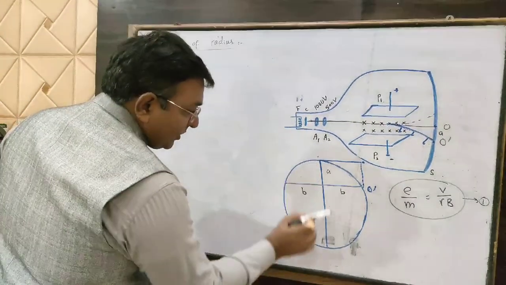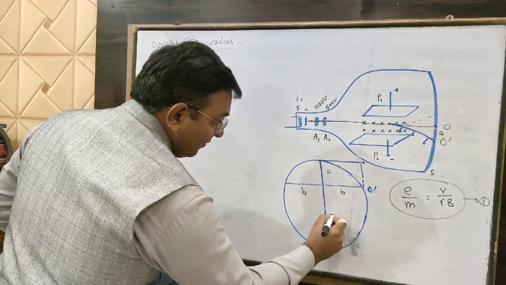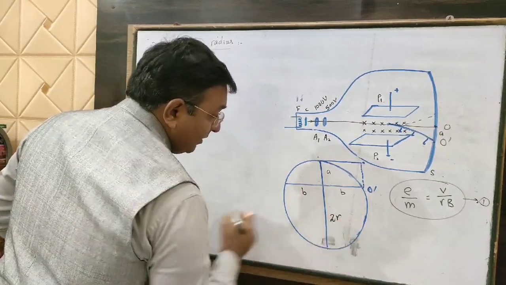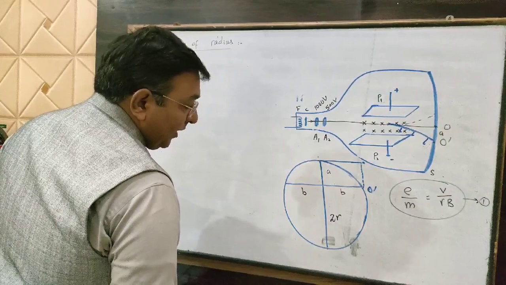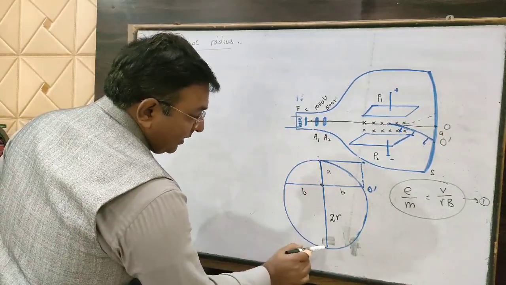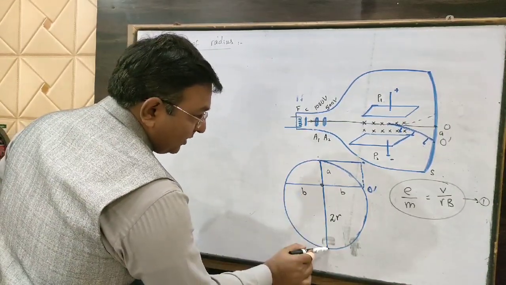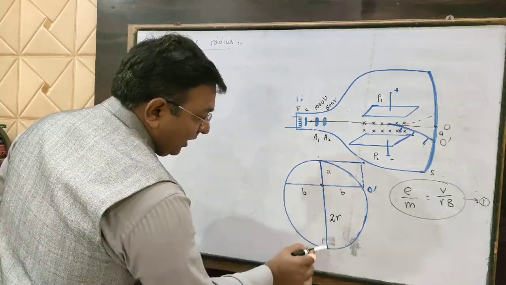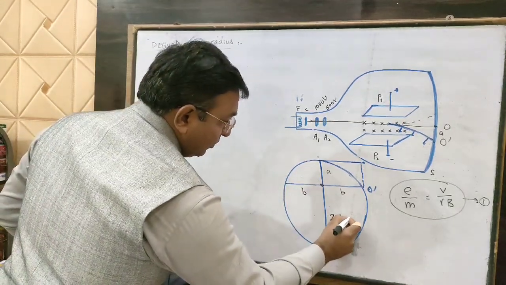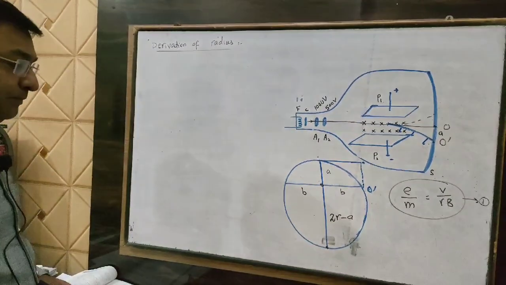From this point to this point, we have the diameter that is equal to 2r. But if we are deriving the relation from this point to this point, so we can write 2r minus a. So there is a term 2r minus a.